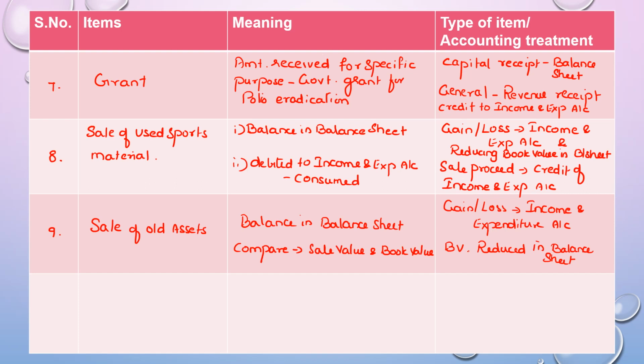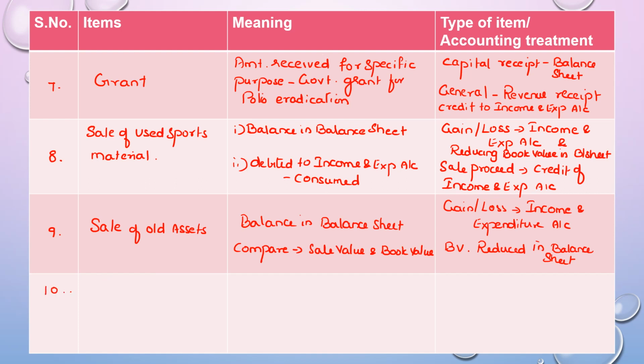If it is a loss, suppose the same 2,000 sold for 1,700, then reduce the book value by 2,000 and 300 would go into the loss, that is debit side of your income and expenditure account. So this is how we would be treating the item of old assets which is there in the balance sheet where it is being sold out.